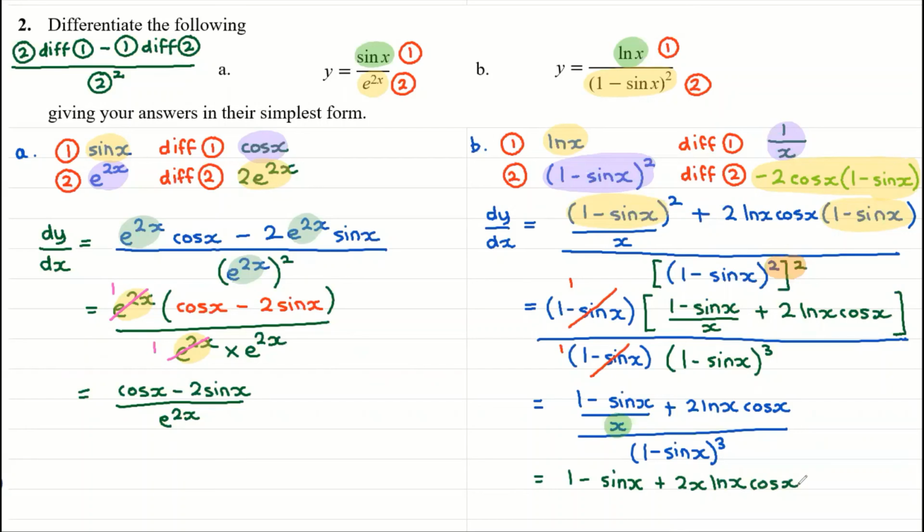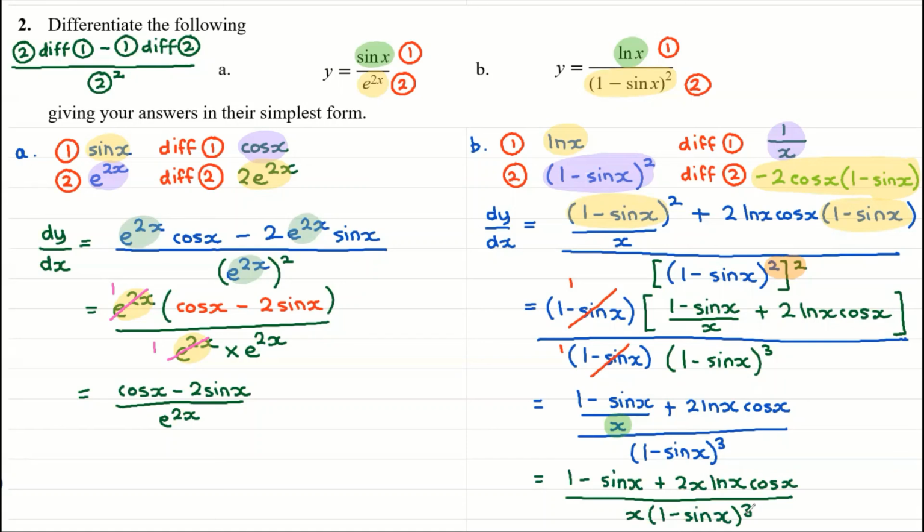Okay, and then don't forget to multiply the denominator by x as well. So this is going to be x multiplied by 1 subtract sine x all cubed. Okay, and I think that's as good as it's going to get.